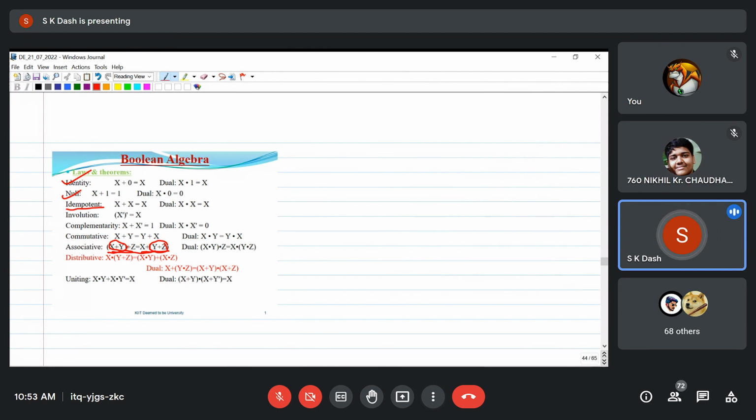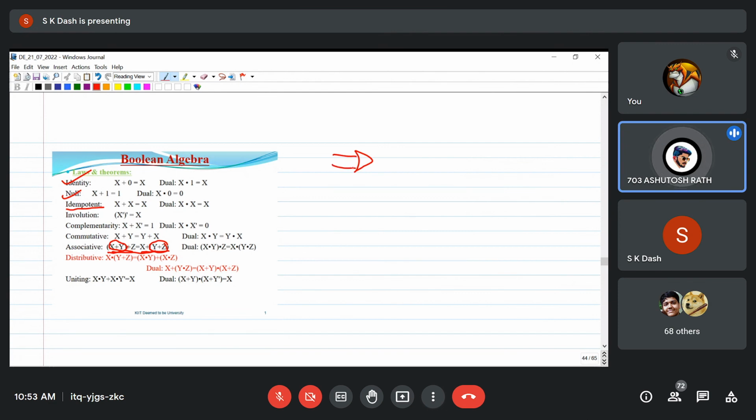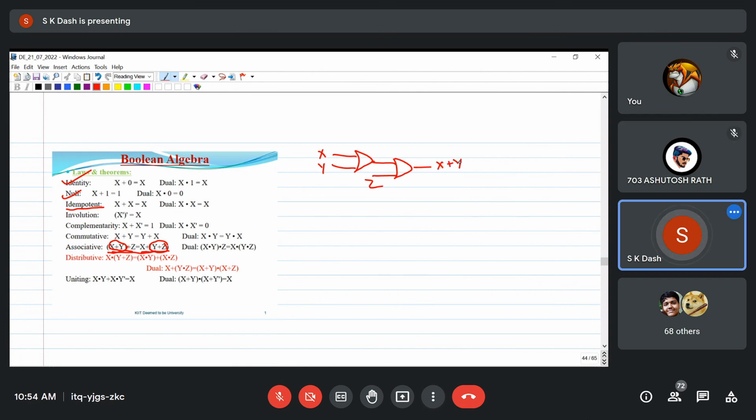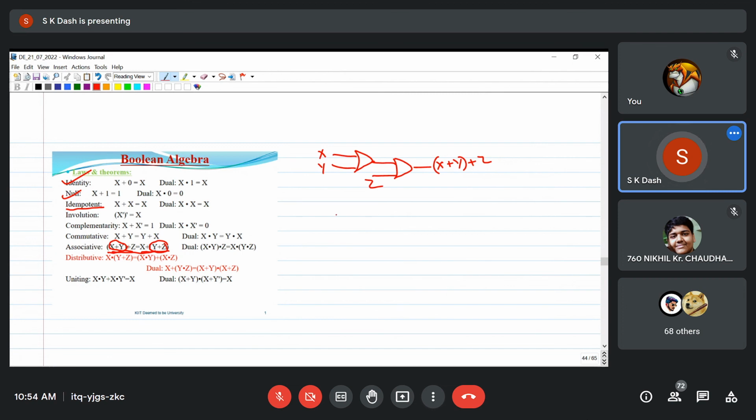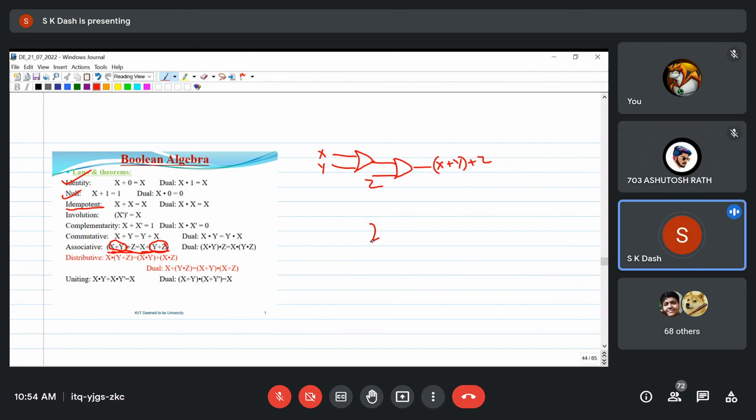In terms of gate, what will happen? X plus y means what? First we will take inputs X and Y, and its result will go into our OR gate. This will be x plus y plus z. If we change it to y and z, this will be y plus z.